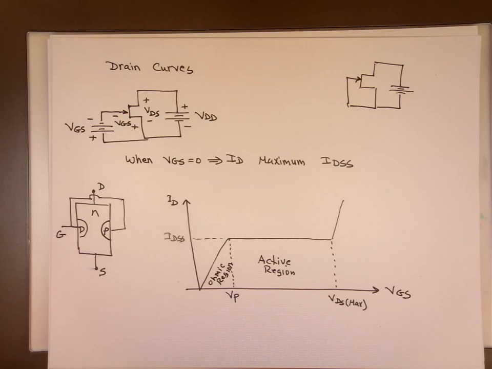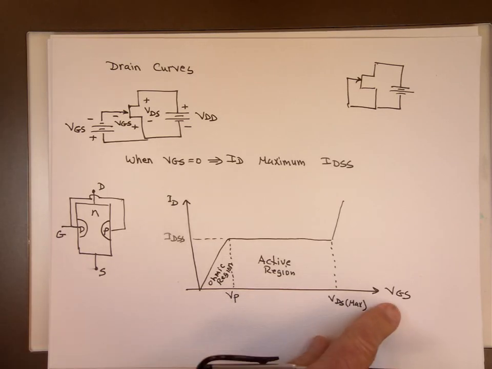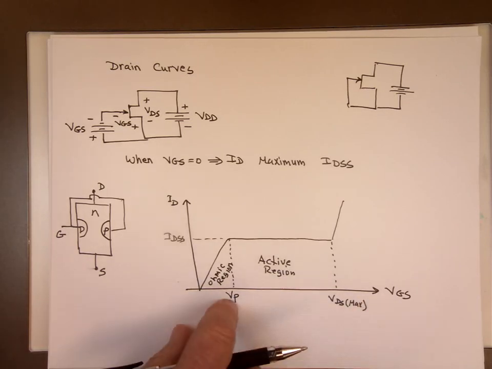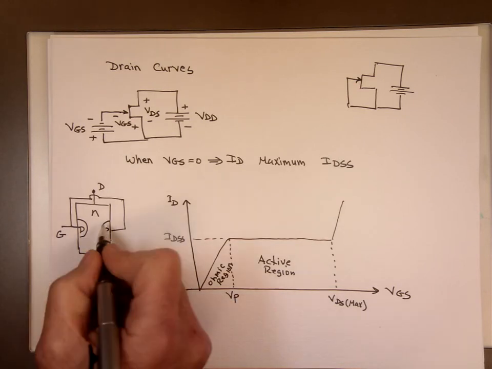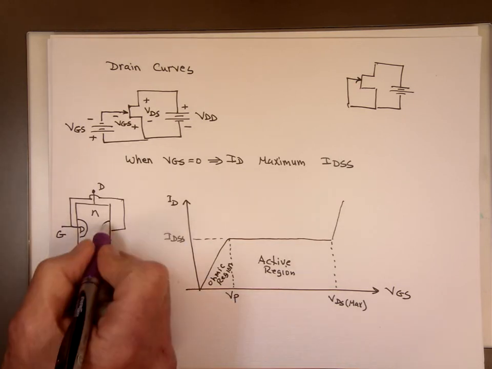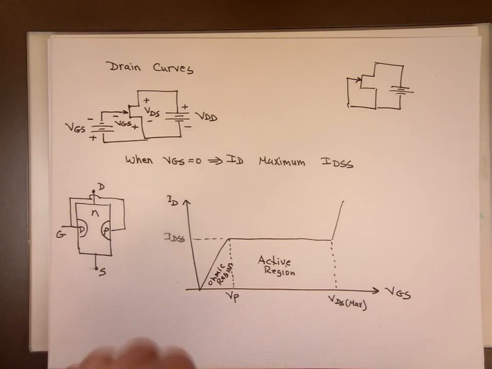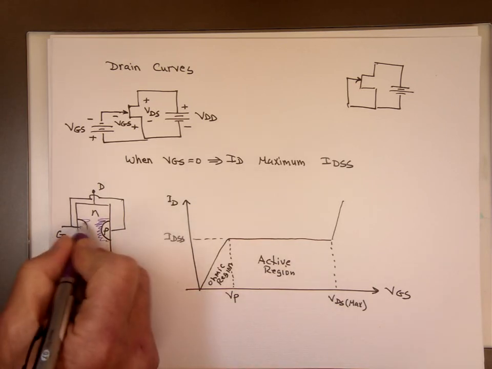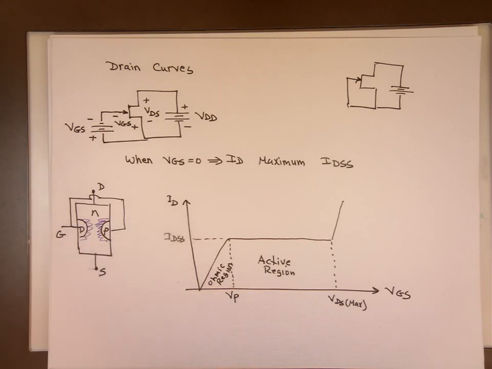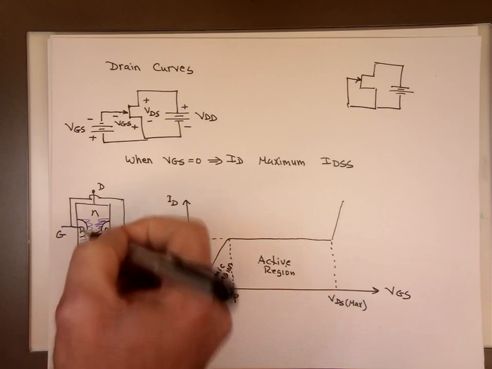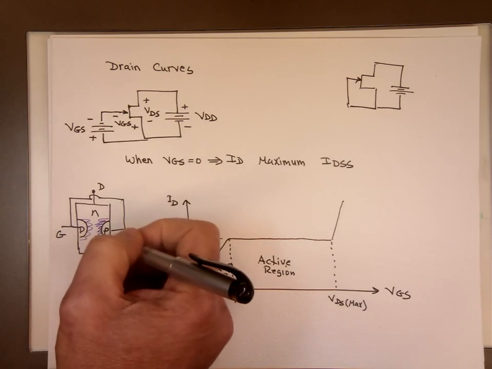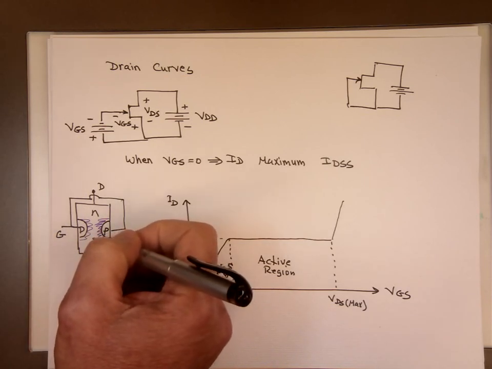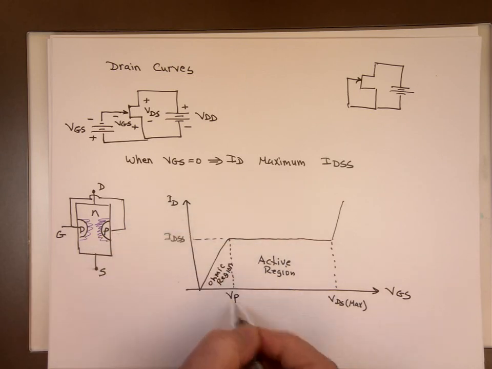As VGS starts to increase, when it passes this point, these depletion layers, which I colored last time, become like this. They're almost touching each other, or are touching each other. Now, this means this area becomes really narrow. That channel is called pinch-off.